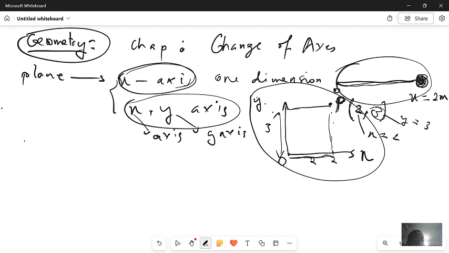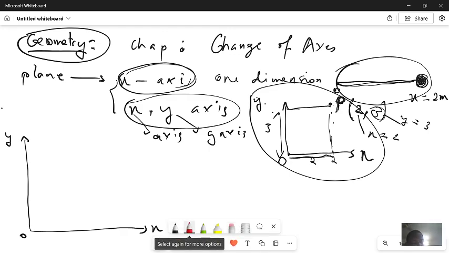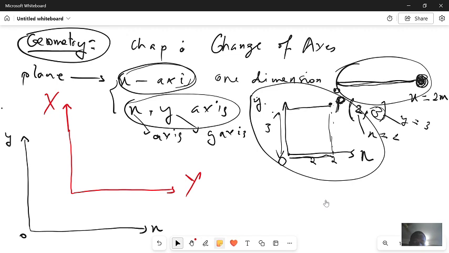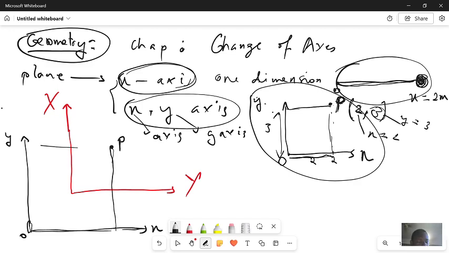Now we are going to see if we have two planes. Let's say, for example, I have the origin, x, and I have y. Now if I have another plane, let's say, for example, here I have capital X, and here I have capital Y, in that I can have a single point. This single point, let's say, a single point P here, has its own coordinate from the black plane, the first plane, which is xy.